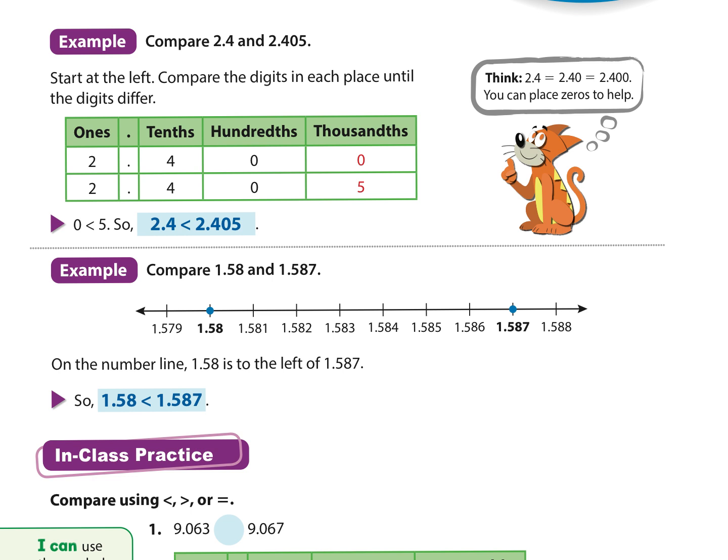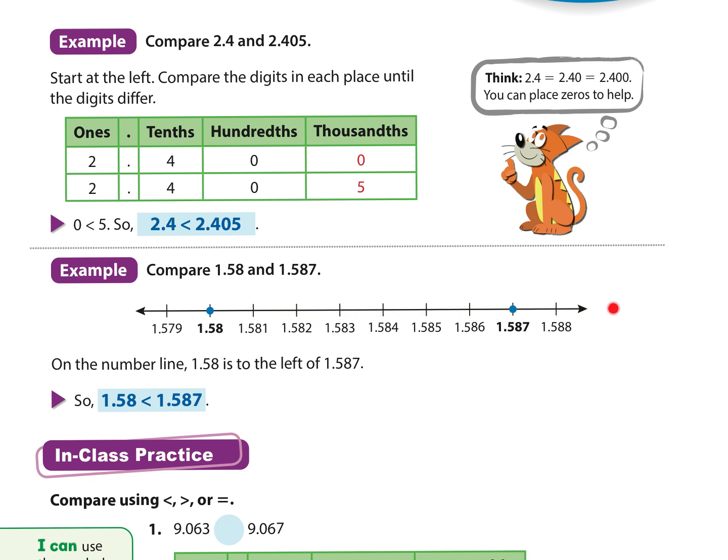Okay, we're going to see a few examples. Sometimes you'll have it on a number line. A number line is super helpful because you can actually see the numbers that are further to the left are closer to 0. And then the further right you go, what happens to your numbers? As you travel to the right on a number line, your numbers are getting what? Bigger. Notice how they're getting bigger.